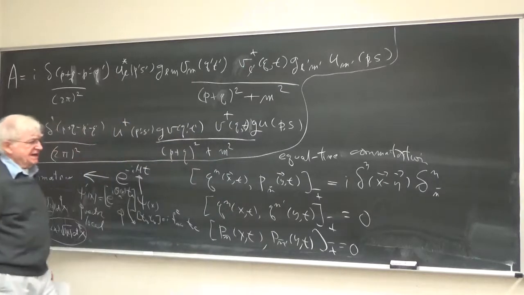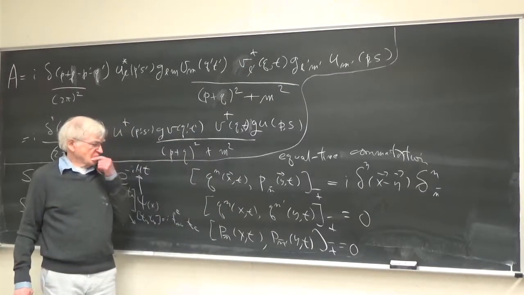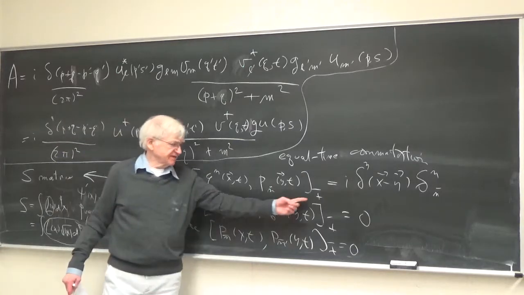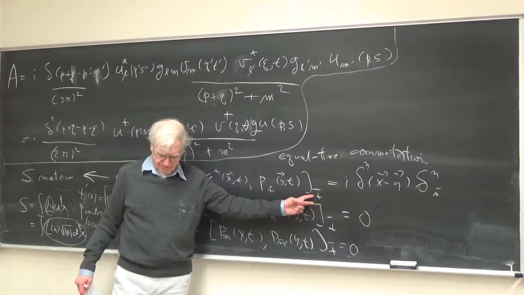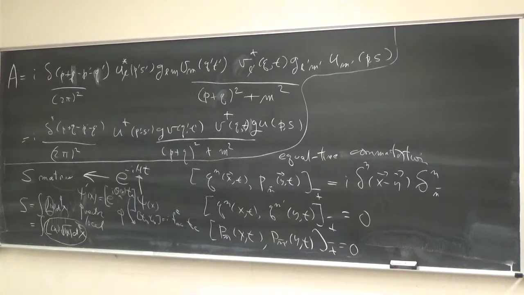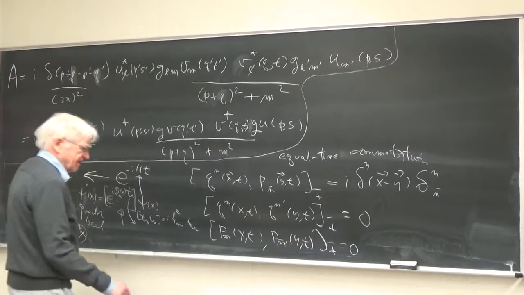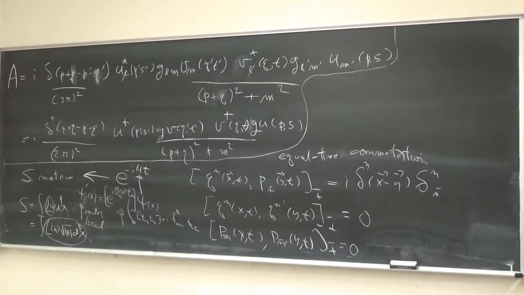So these are the rules that we learned in quantum mechanics, although the fact that you use the anti-commutator, that's not something that really shows up in ordinary quantum mechanics. Although I guess it sort of does, but in a funny kind of way.